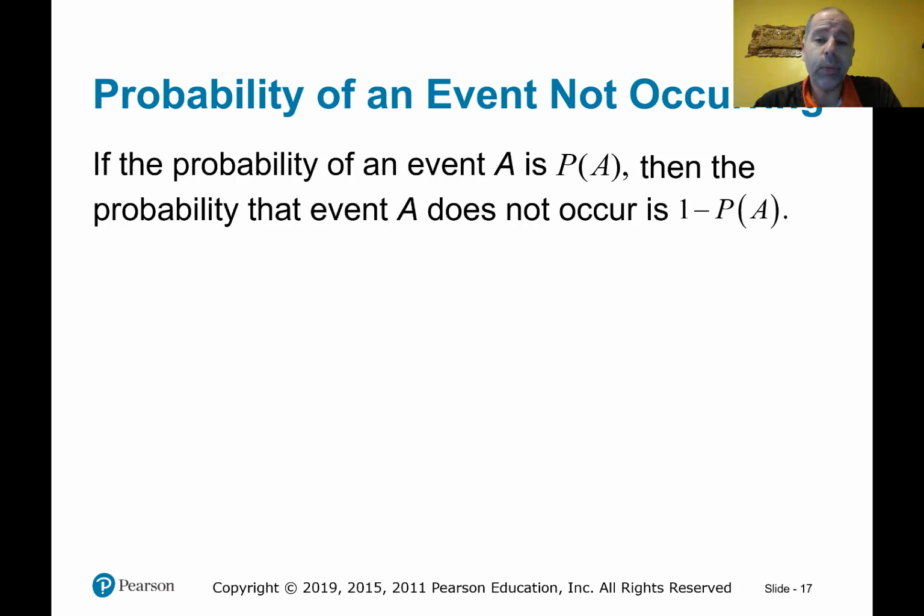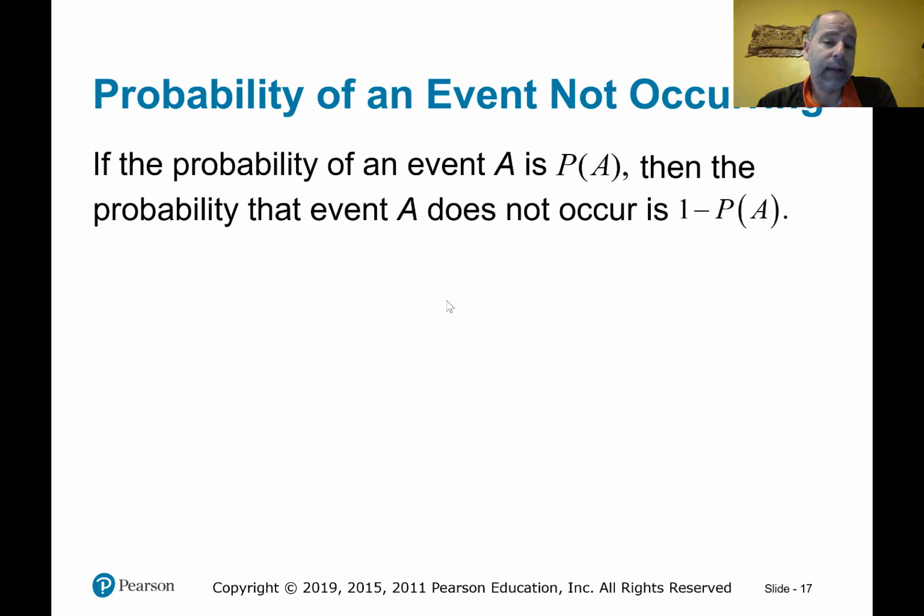Well, then we're going to use what we call the complement rule, which is based on the fact that all the probabilities must add up to 1. So if we add up all the probabilities in a sample space, all the possible outcomes in a probability experiment, then all of the probabilities should add up to 1. That needs to happen for a valid probability experiment.